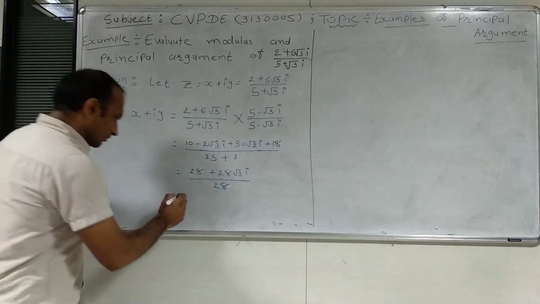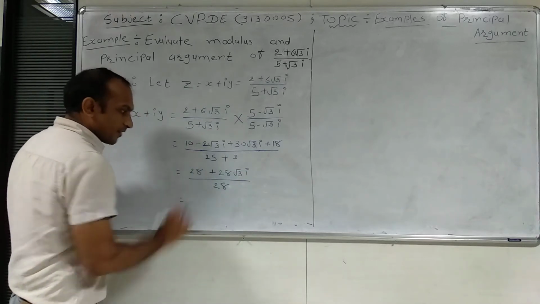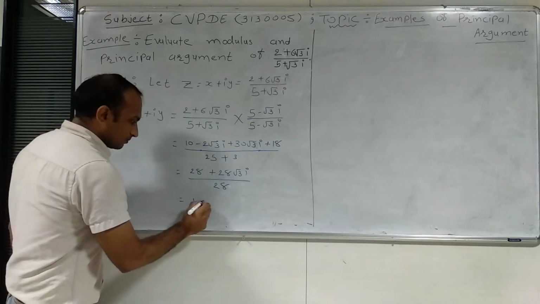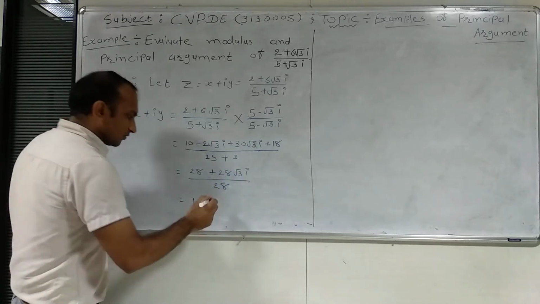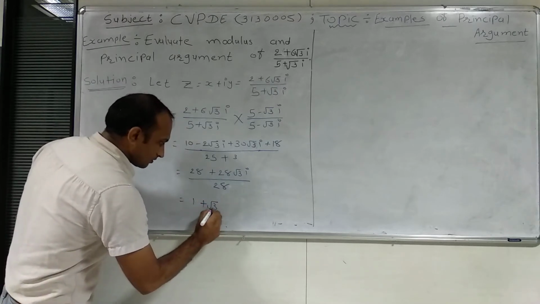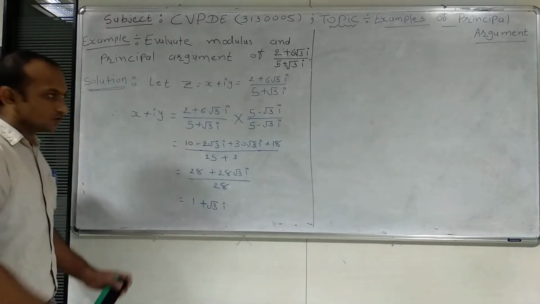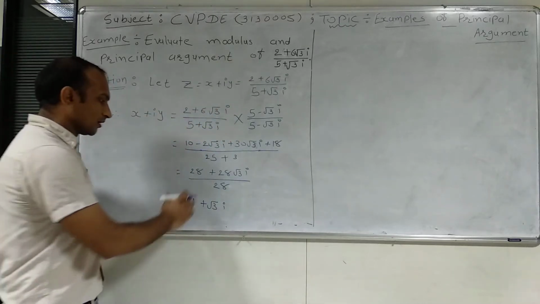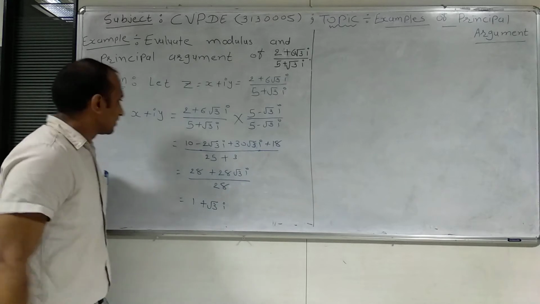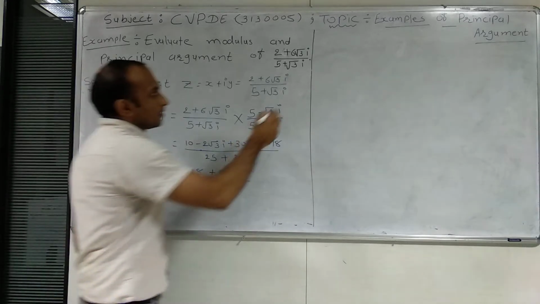Now separate the division by 28. So 28 divided by 28 is 1, plus 28 root 3 i upon 28 gives root 3 i. So this is the simplification of this fraction of two complex numbers. So we get 1 plus root 3 i.